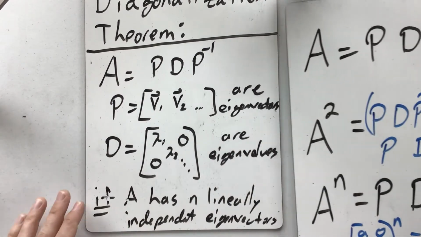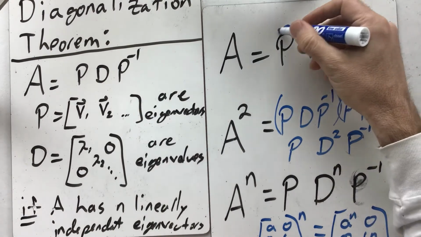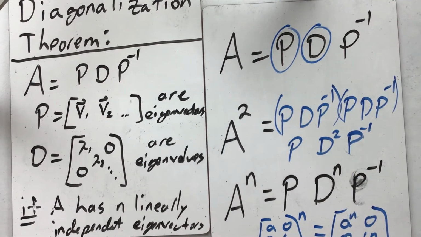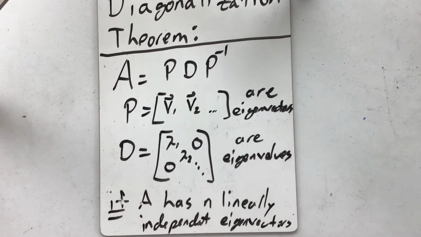So we use our eigenvectors to create P, and our eigenvalues to create D, and then you get a diagonalized matrix, and everything works out just the way you would hope. So that's our diagonalization theorem.